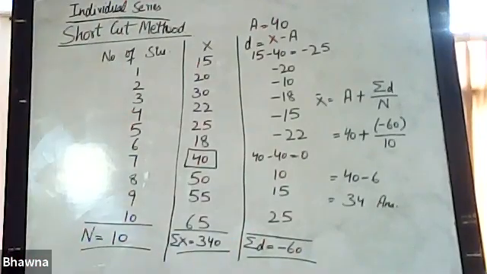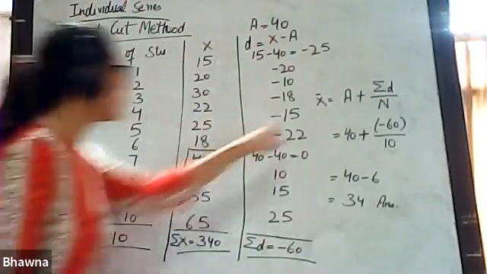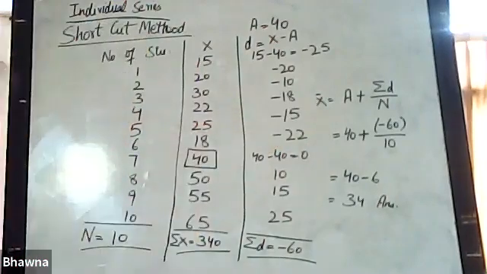After that, we have to find the value of the mean by the shortcut method. The formula is mean equals A plus summation D divided by N. A is denoted by the assumed mean, and here A is equal to 40.